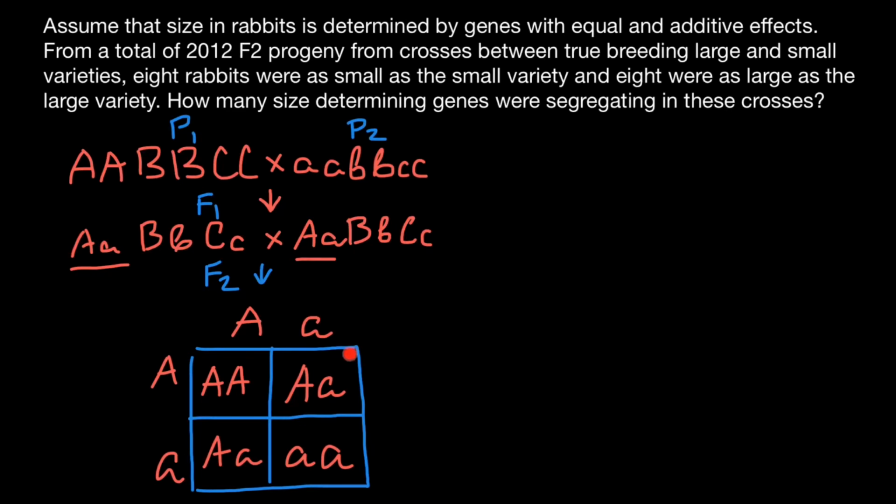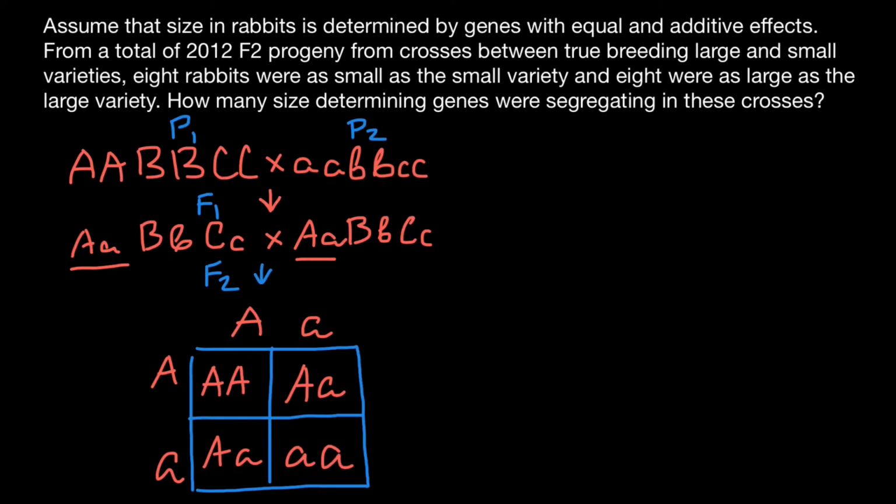How many phenotypes do we have here? Some of you may say that we have 2 phenotypes here. This is not so. We have 3 phenotypes here because this is an additive trait. So each dominant allele would add a little bit to animal height. So this genotype would be different from this, and this phenotype would be different from this. So this is going to be tall, this is going to be intermediate, and this is going to be small.